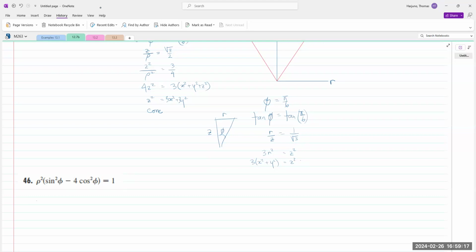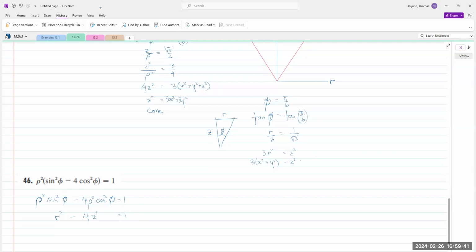This is rho squared sine squared phi minus 4 rho squared cosine squared phi equals 1. But rho squared sine phi equals r, so this is r squared minus 4z squared equals 1, right?